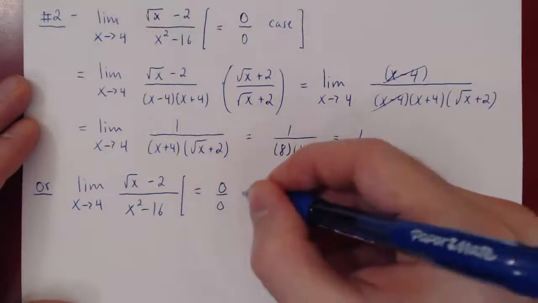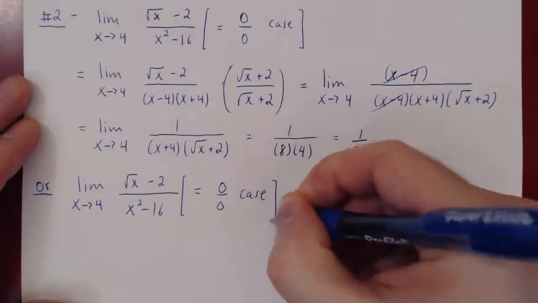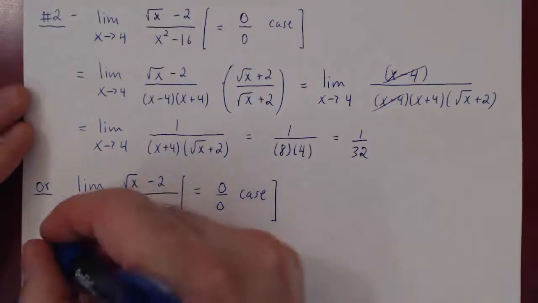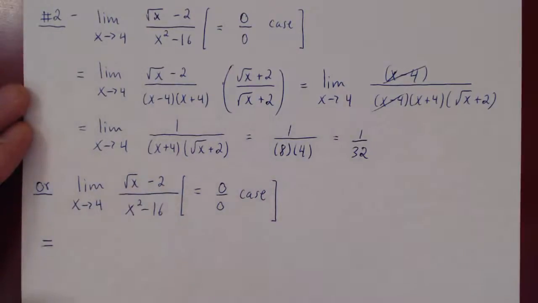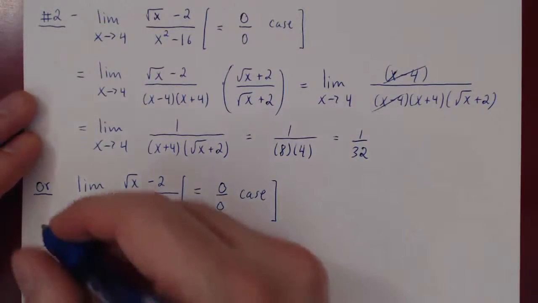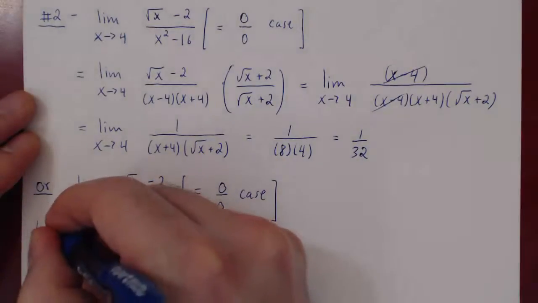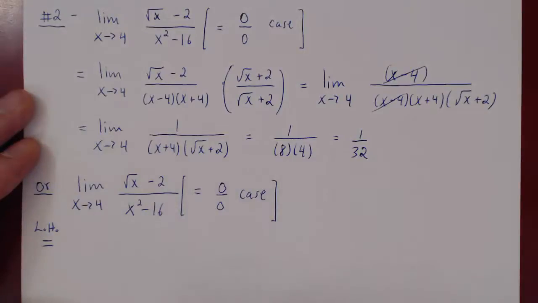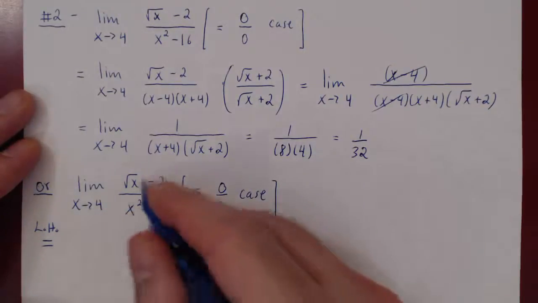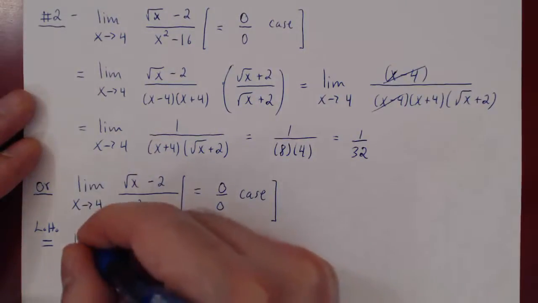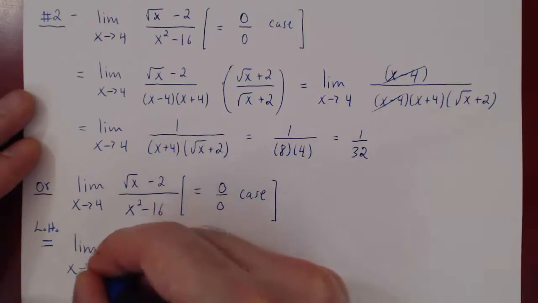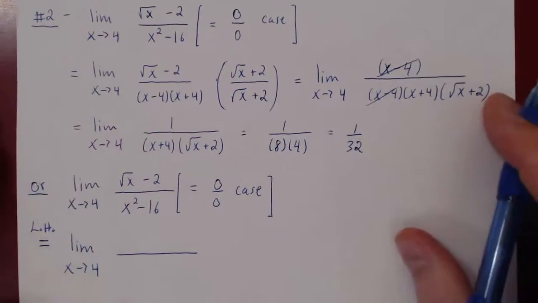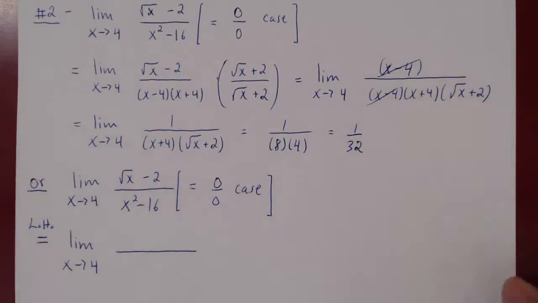We have a 0 over 0 case, which says that we are justified in using L'Hopital's rule. As always, whenever you use L'Hopital's rule, above the equal sign, write LH to specify that we go from here to here using L'Hopital's rule, which says that the original limit will be the limit of the new expression, x still approaches 4, and we replace both the numerator and the denominator by their respective derivatives.